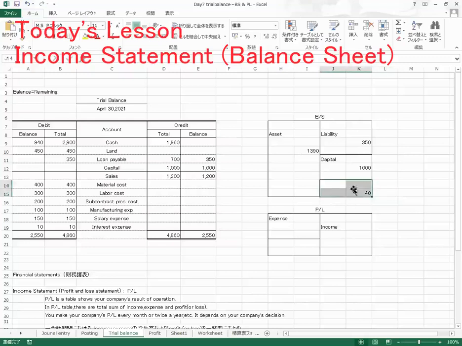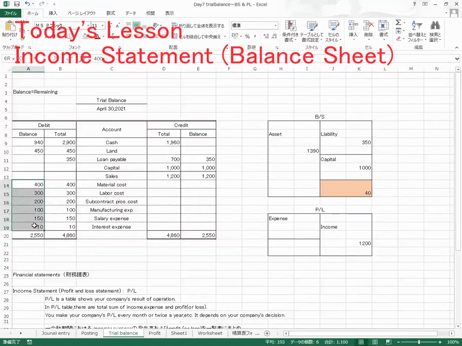So the PL income statement is the income and expense from sales to interest expense. The income is only sales, so the balance is 1,200.